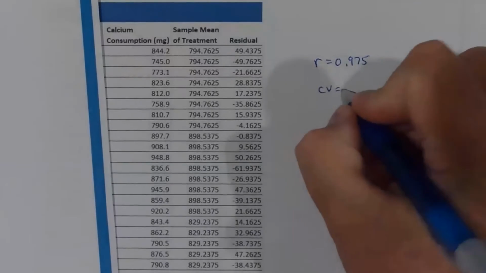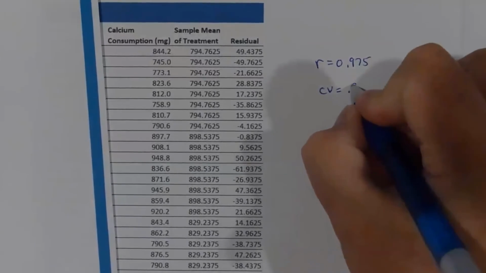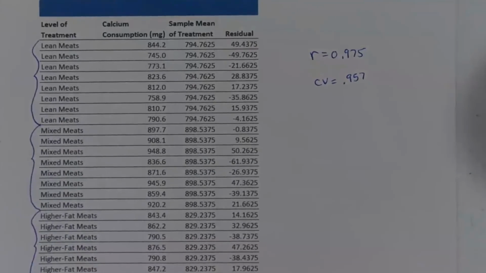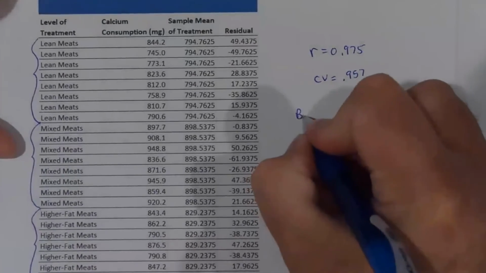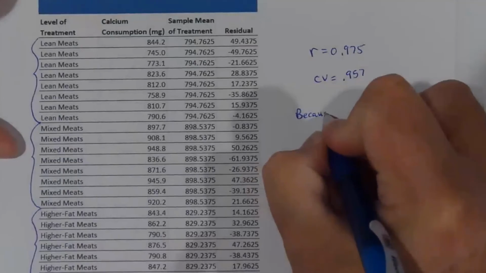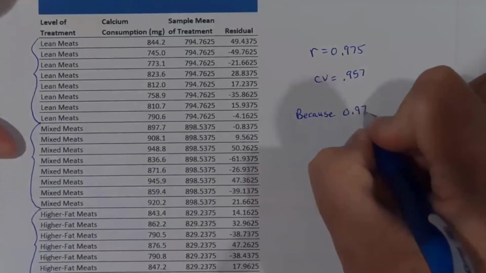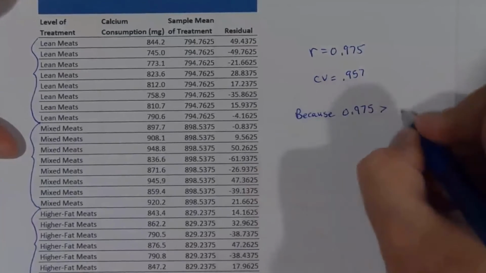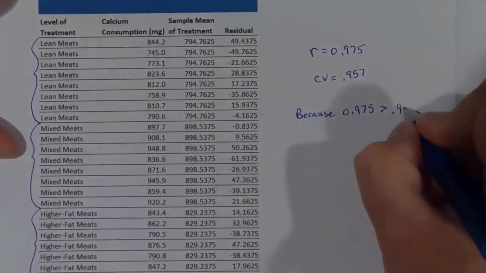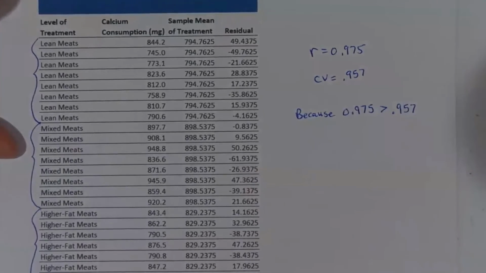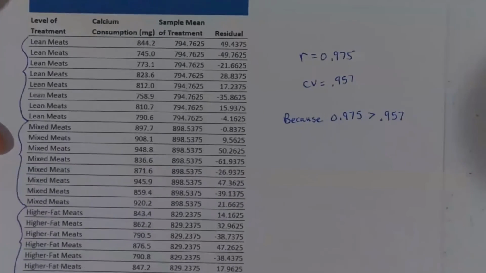So our critical value for this plot is 0.957. And because our correlation statistic 0.975 is larger than the critical value 0.957, this verifies the normality requirement.